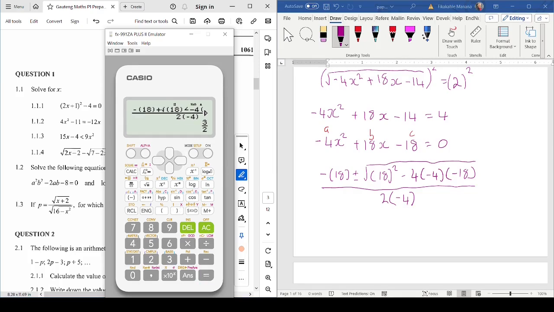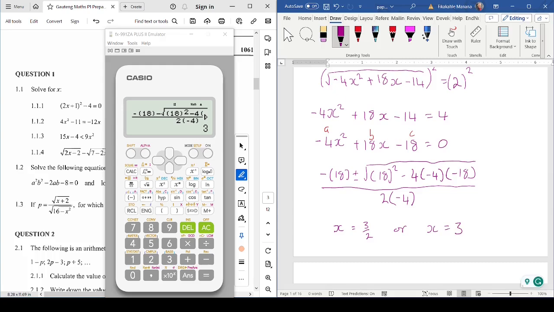What's that equal to? There we go. So x is equal to 3 over 2, or, let's go upstairs to the side, put a minus there, and an equal sign, or x is equal to 3.